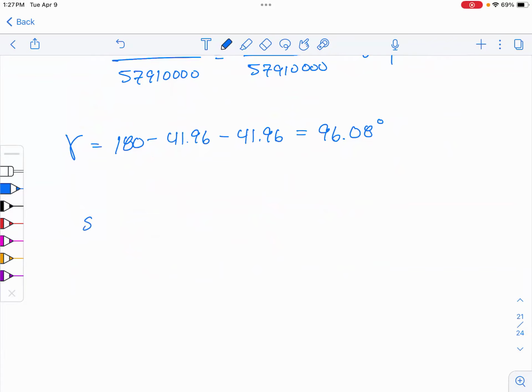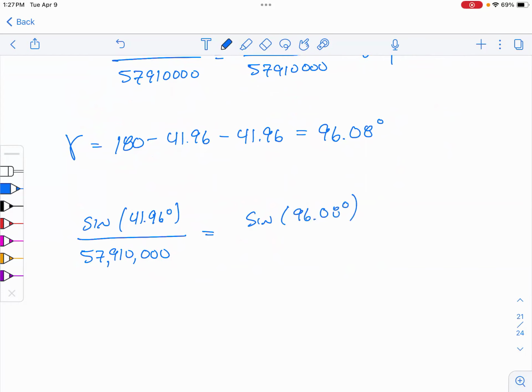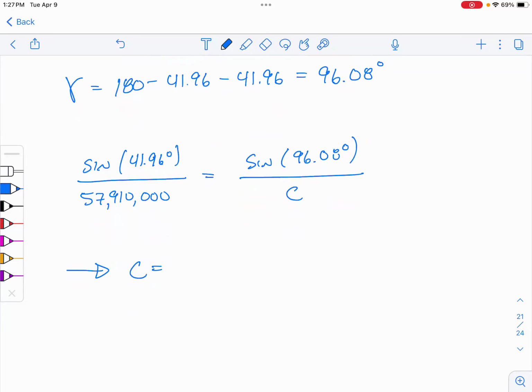And law of sines one more time. Means that missing distance is 86 million-ish miles.